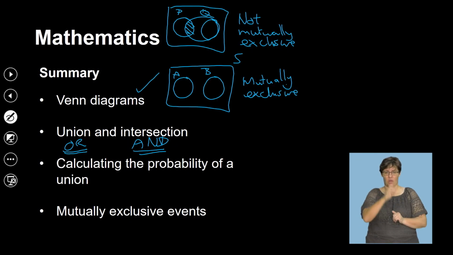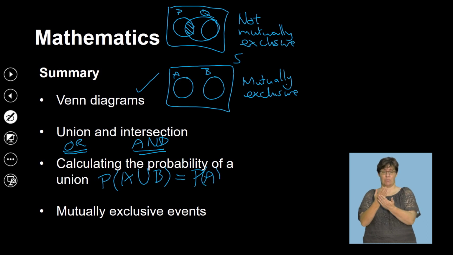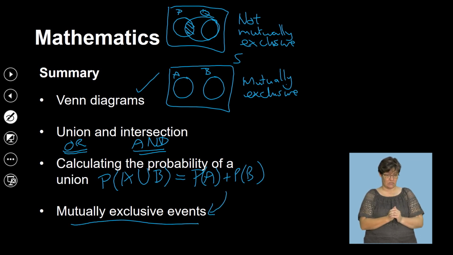Now remember, when we calculate the probability of the union, we have said the probability of A union B is equal to the probability of A plus the probability of B if the sets do not have an intersection. That is only true if we are dealing with mutually exclusive events.